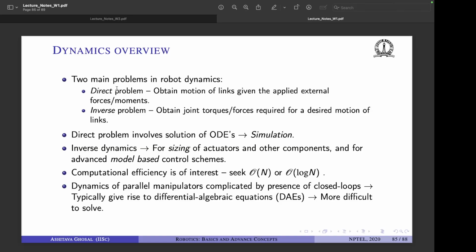So the direct problem, or the forward problem, is to obtain the motion of the links given the applied external forces and moments. So what is known is the torques. When I say torques, I mean to include both forces and moments. So we know that information, and we have to calculate the accelerations. Once we know accelerations, we can integrate to calculate velocities and then position.